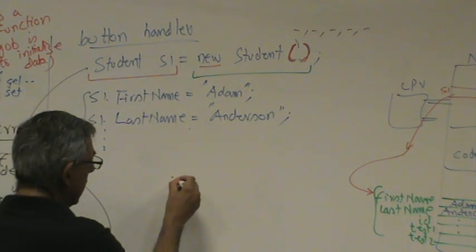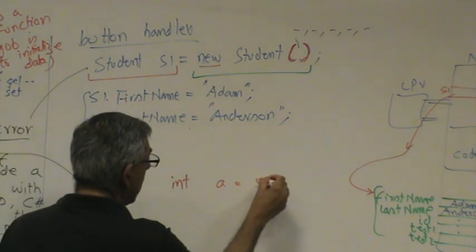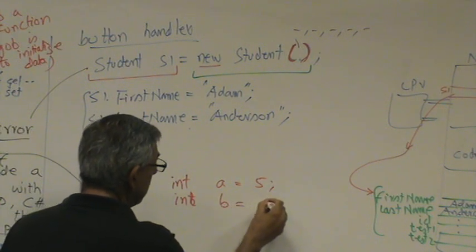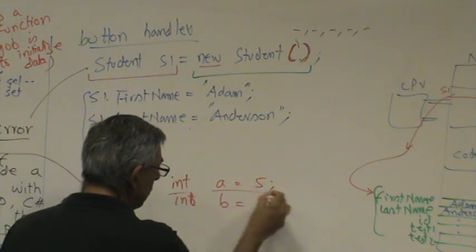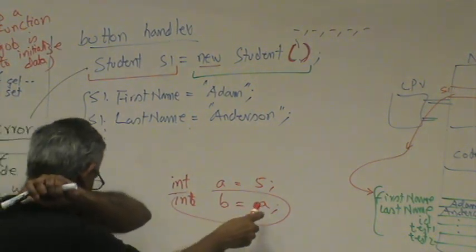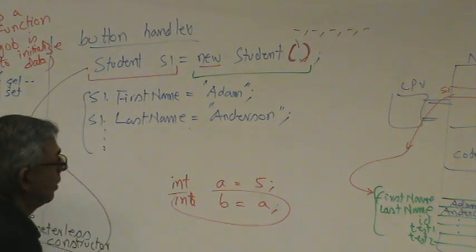See, if I say int a equal to 5, int b equal to a, what I'm doing over here, I'm simply assigning one variable to another, right?